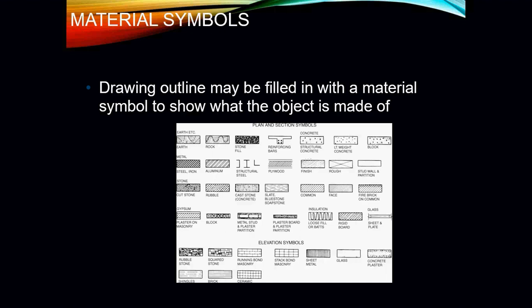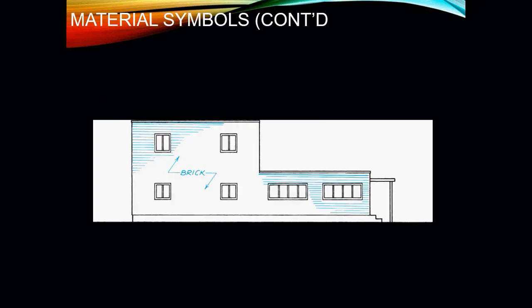All of these symbols we'll find on the plan and section portion of your blueprints. Notice how they have intricate different symbols to represent each one of these types of material. All of these would be found on the legend of your blueprints as well, so you can locate them and reference them as needed.